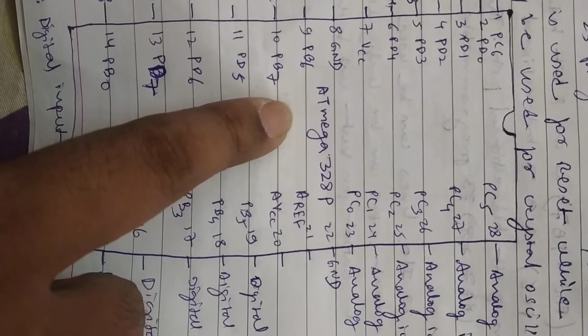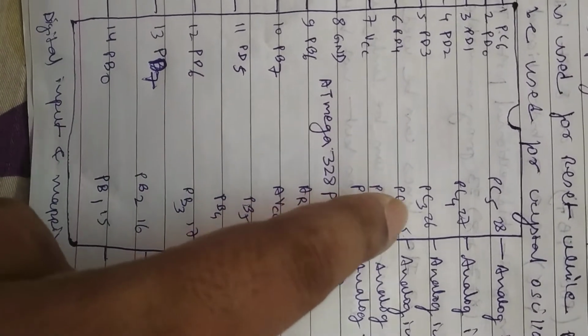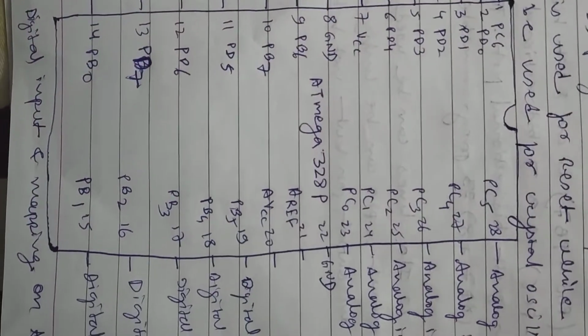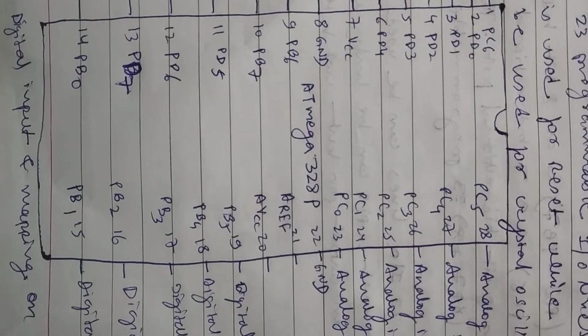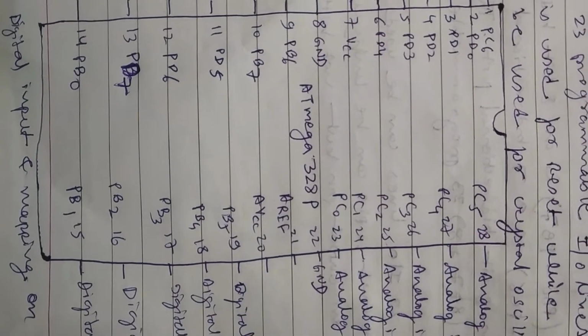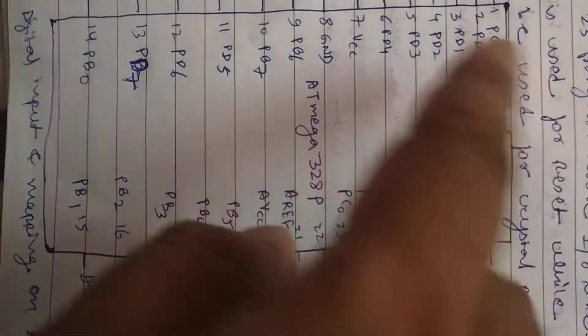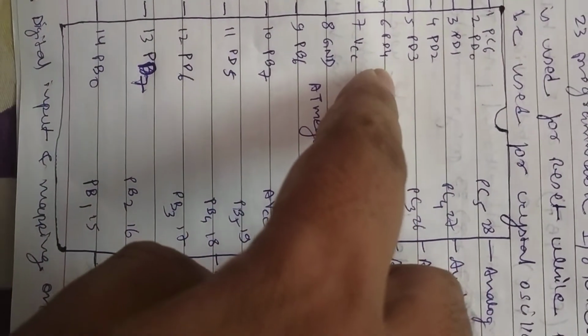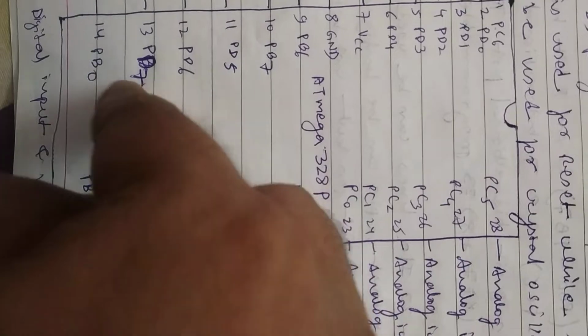If we see port C, there are PC0, PC1, PC2, PC3, PC4, PC5, PC6. So there are 7 pins in port C. And if we see port D, then PD0, PD1, PD2, PD3, PD4, PD5, PD6, PD7.